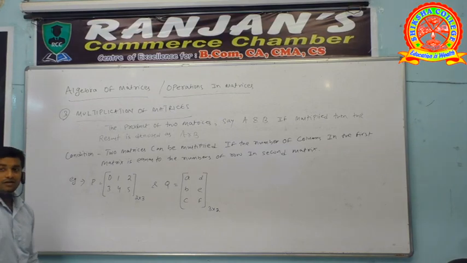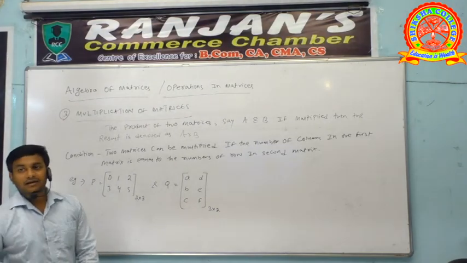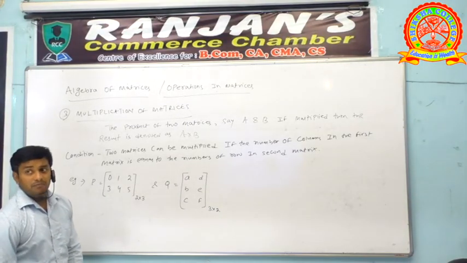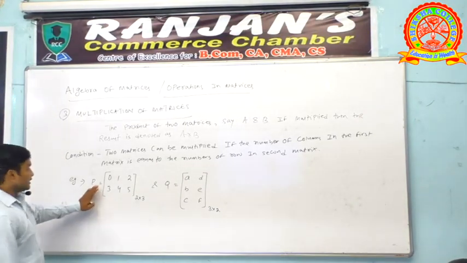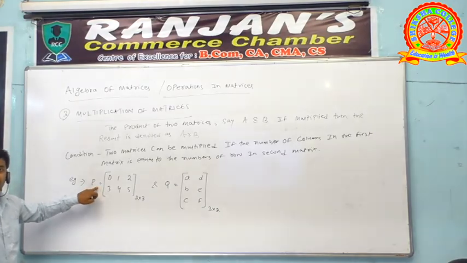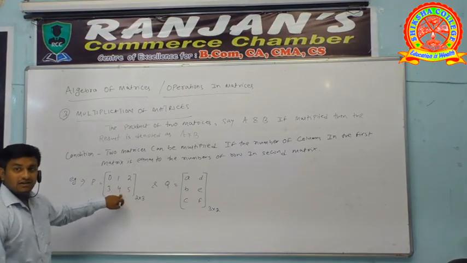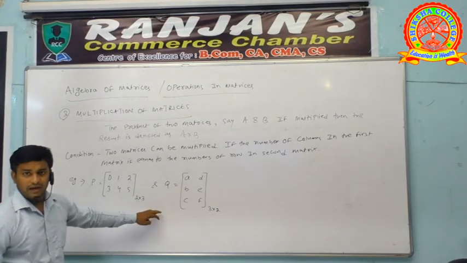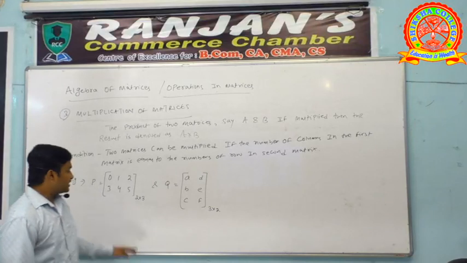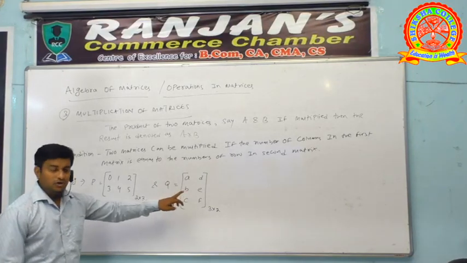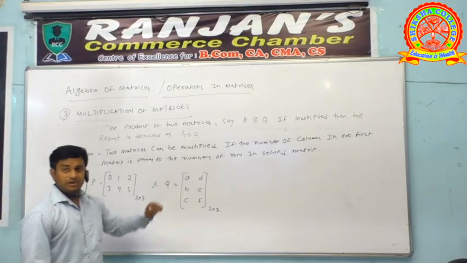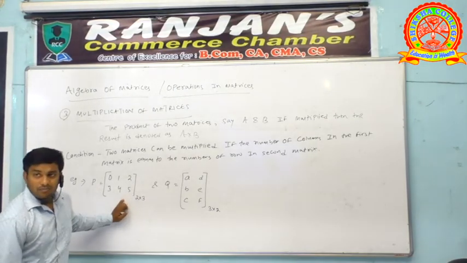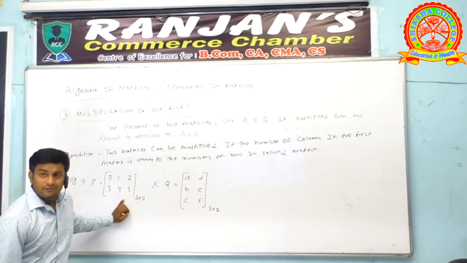There is only one condition, that the number of columns in the first matrix, here P is the first matrix, Q is the second matrix. According to its order, first is given P, second given Q, so P is called the first matrix, Q is called the second matrix.